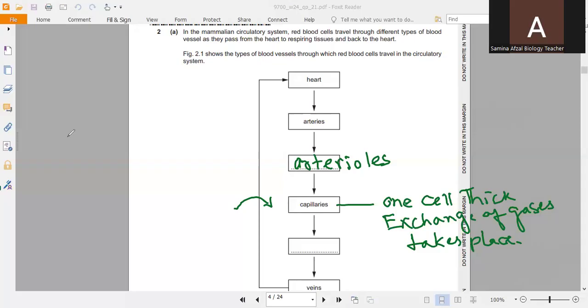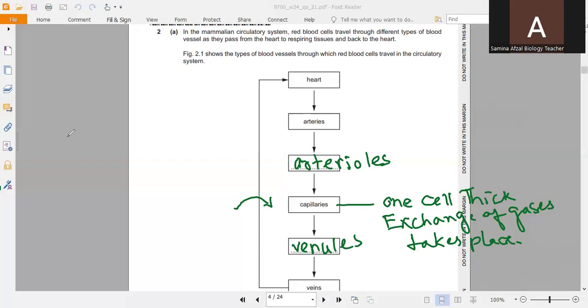Now this deoxygenated blood has to be collected from different parts of the body and taken towards the heart. So capillaries join together to make venules.